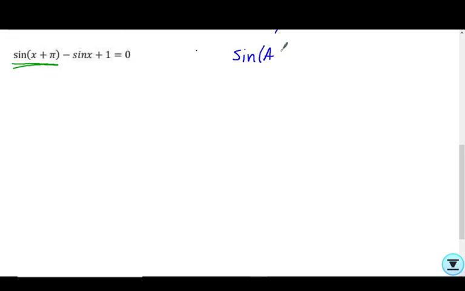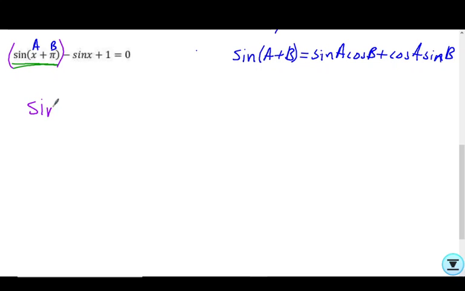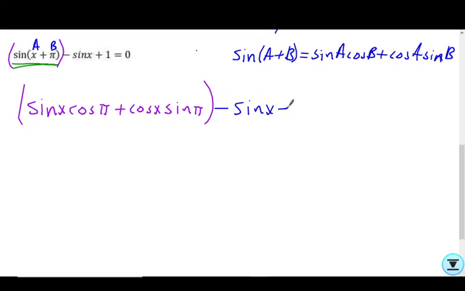The sine sum identity says that sine of A plus B, angle A plus angle B, is sine A cosine B plus cosine A sine B. So x is my angle A and pi is my angle B. When I use the sum identity, I get sine x cosine pi plus cosine x sine pi, and then minus what I had originally, minus sine x plus 1 equals 0.